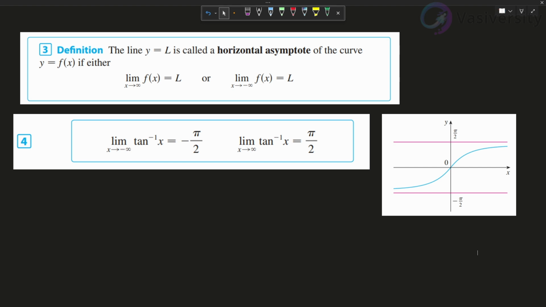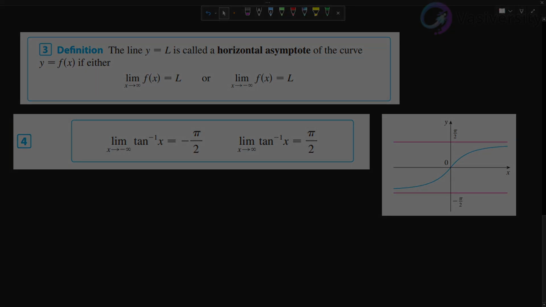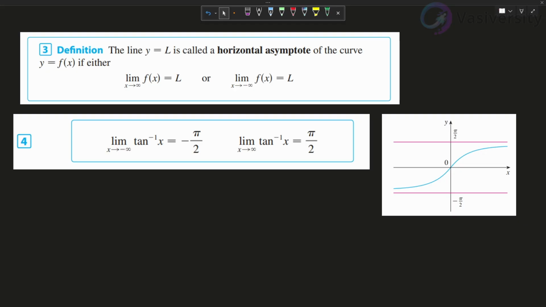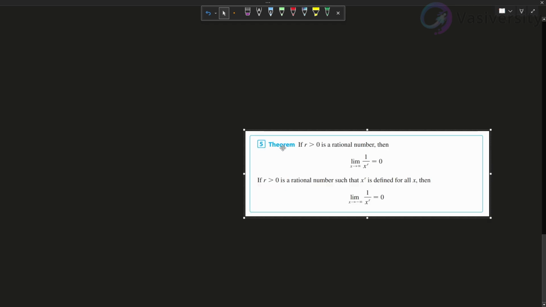Alrighty, perfect. So let's go ahead and talk a little bit about a theorem for the functions that approach essentially 0. We have a lot of hyperbolas in those cases. So for the hyperbolas, we can have a theorem.